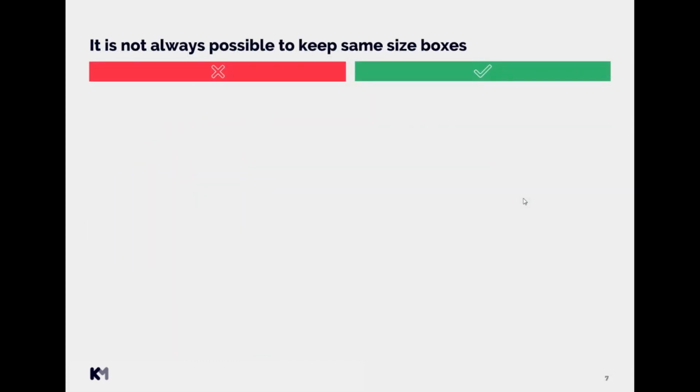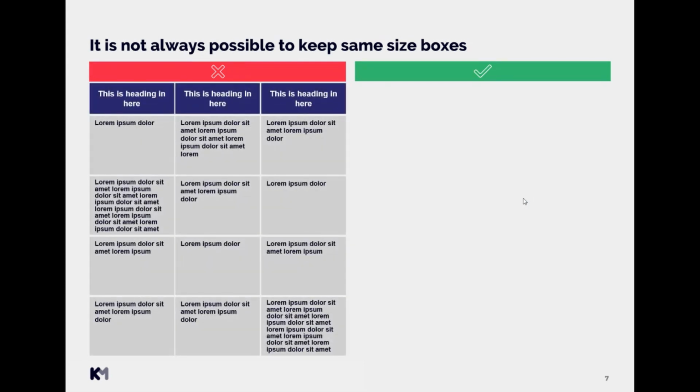It's not always possible to keep the same size of boxes. Here we have an example where boxes are the same size, the same height and same width, but this might not be the optimal structure because of a few things. First of all, we have a heading font bigger than the rest of the table.